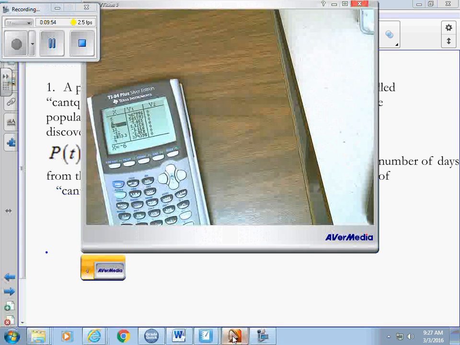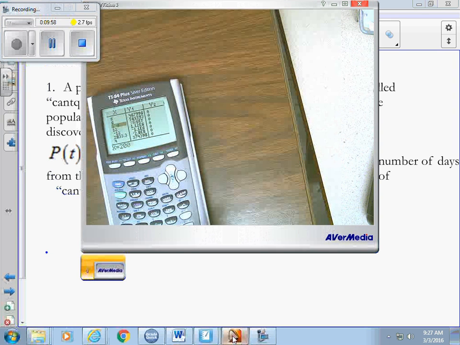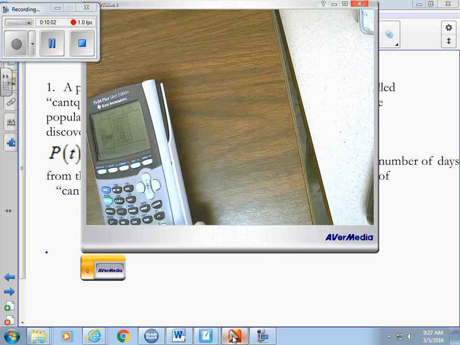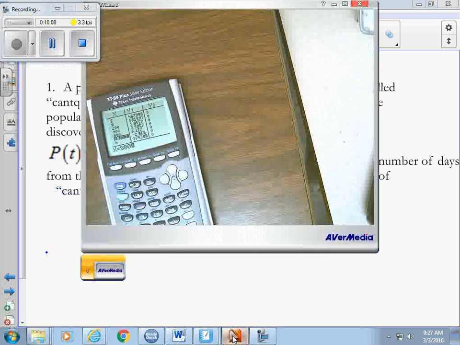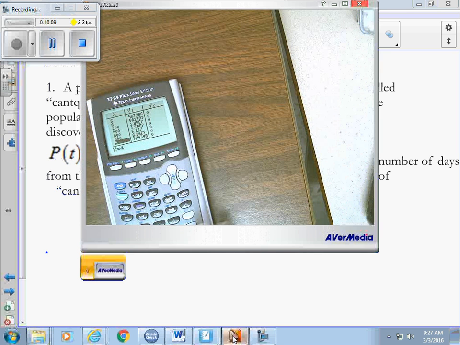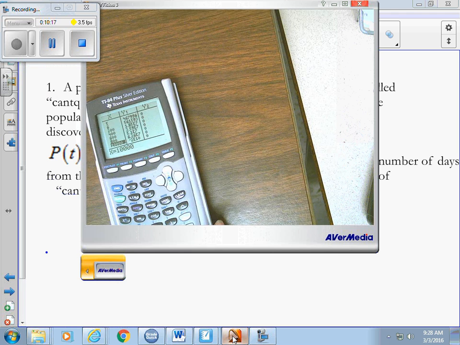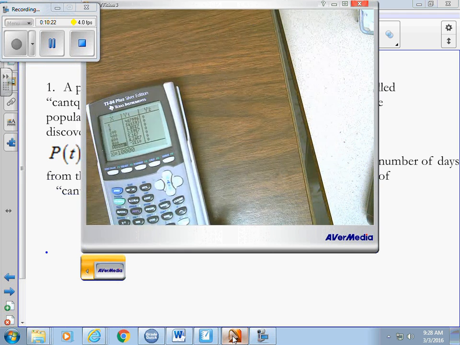Let's try 200. 400. They're still really big numbers. So 10,000.